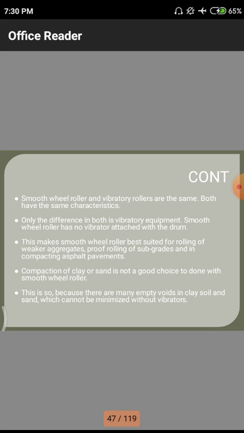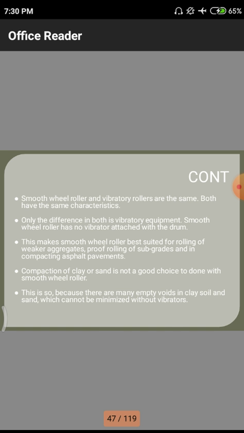Next one we have is that compaction of clay or sands is not a good choice with smooth wheel rollers. That means this is only suited for aggregate-like pavements. In BT pavements we have aggregates in larger numbers.